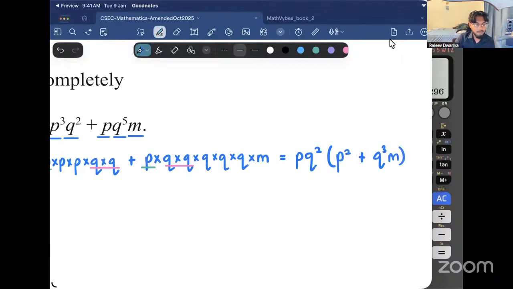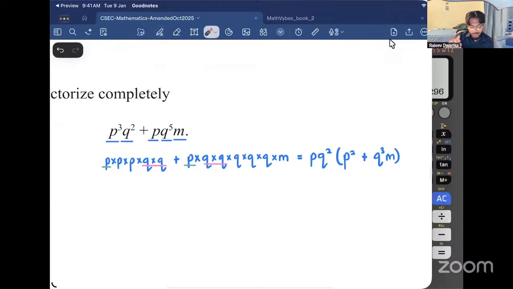Yes, sir. Now if you want to check if your answer is correct, you could expand the brackets and see if you get back the original expression. Let me show you what I mean. If I multiply PQ squared by P squared, what would I end up with? P to the power of 3 and Q squared.